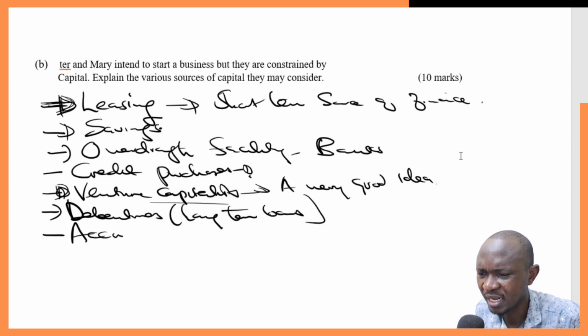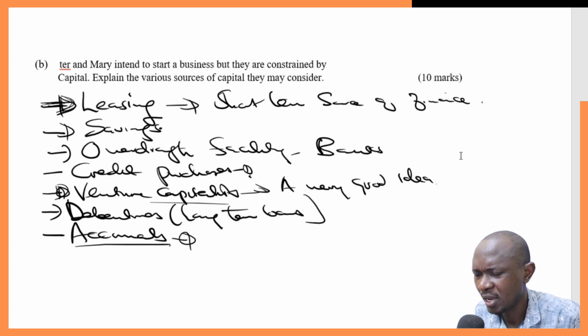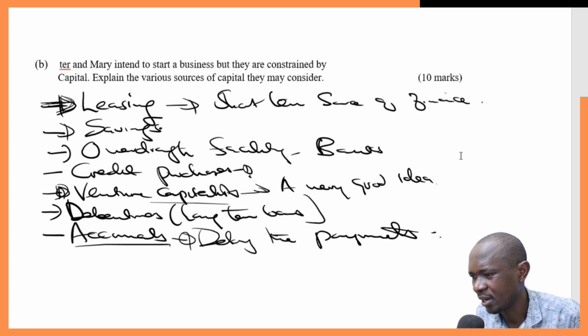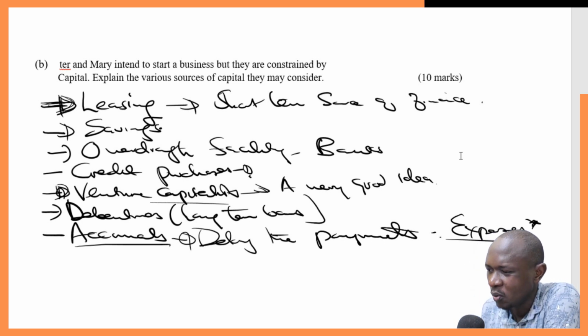You also have others like accruals. Accruals. This is where they can possibly delay the payments. So of course, when you do business, you will incur a lot of expenses. So instead of paying these expenses at their right time, you delay the payments a little bit, and then the amount can be used as a source of funds, as a source of finance.